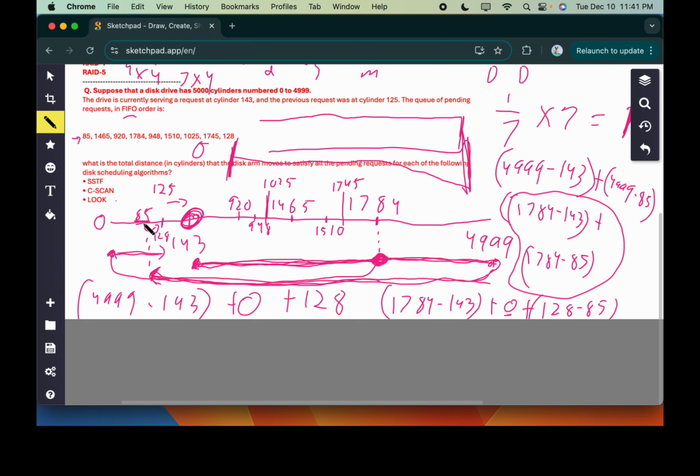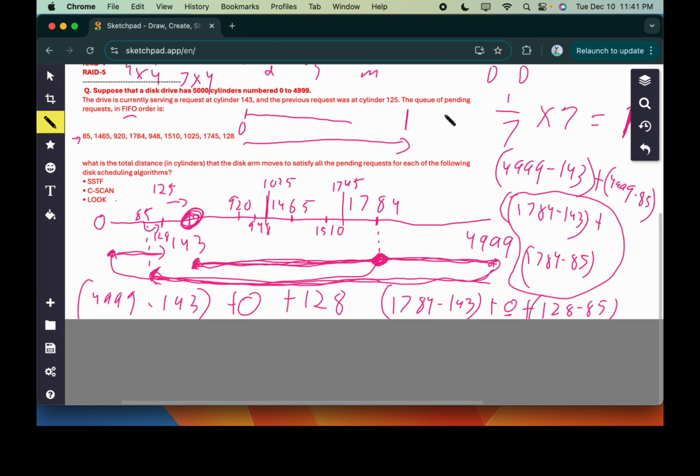In this case, my last request was 85. The other question we did, where we went to the left, we went all the way to 0, we went all the way back, and we stopped here instead of here, because this was the last request. So it just matters where the last request is.